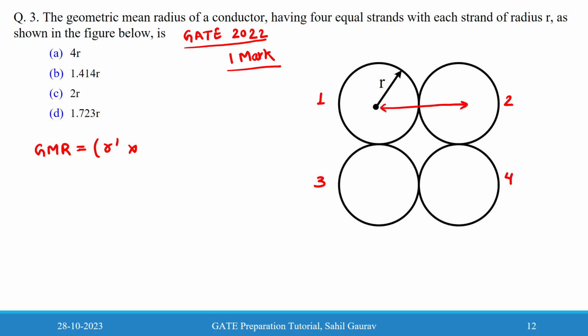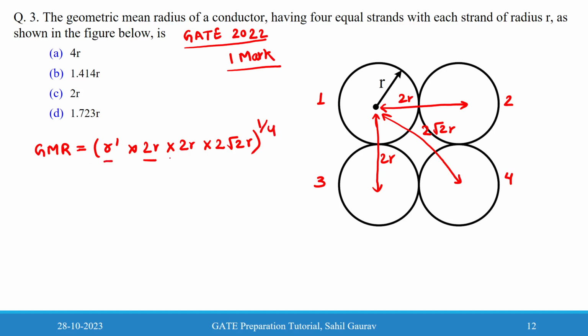The distance to the second strand is 2r, the third strand is also 2r, and the diagonal one is 2 root 2 r. Just put all these values: r dash into 2r into 2r into 2 root 2 r, with the power 1 divided by 4, because it is 1 divided by the number of distances inside the conductor.